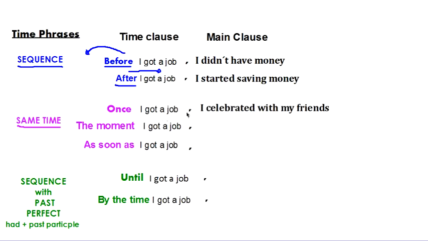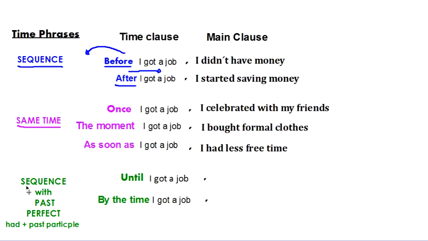So almost immediately after I got a job, I celebrated with my friends. The moment I got a job, I bought formal clothes, right? Or as soon as I got a job, I had less free time. So again, we use these, once, the moment, and as soon as, to indicate two actions that happen almost at the same time. Or sometimes this action cannot happen until this action happens.